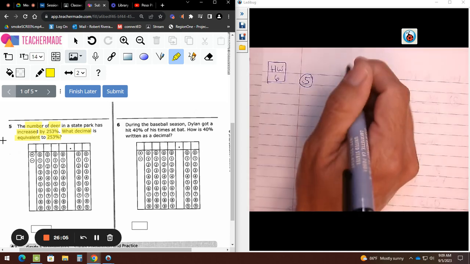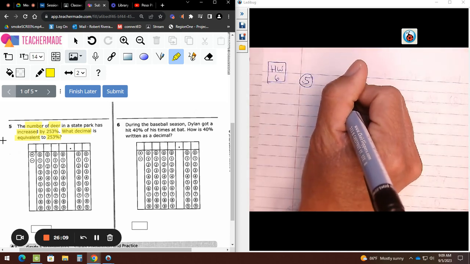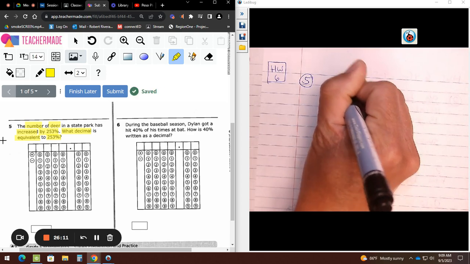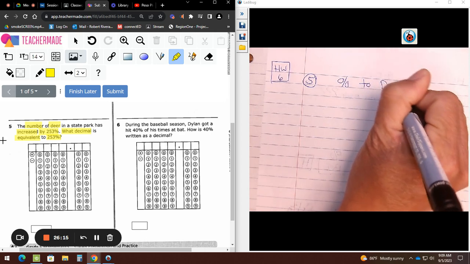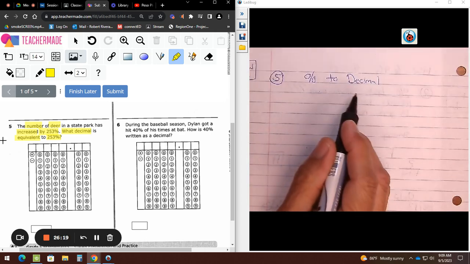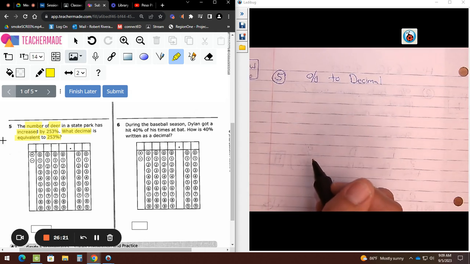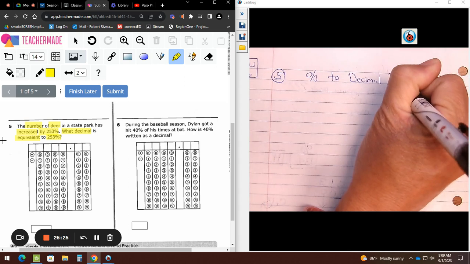Okay, let's start with that question. What do they want us to do? They want us to go from percent to decimal. Put some question marks because that's what they want.